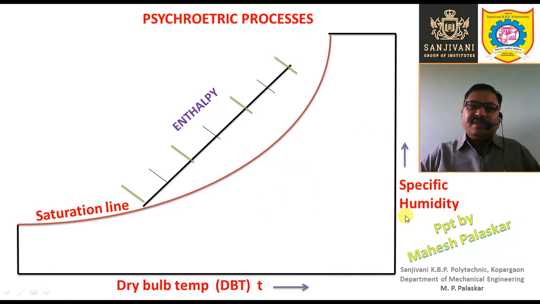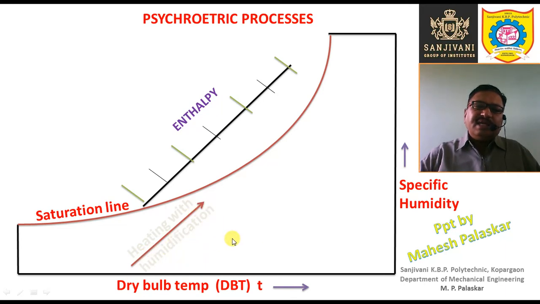Okay. Now a few more processes we are going to study, the combination of heating and humidification. So this is heating with humidification. This arrow indicates the process heating with humidification. Heating means to the right and humidification means upwards. So this is the resultant, right and upwards.